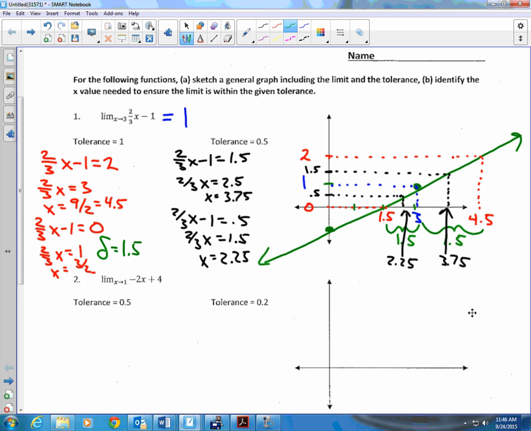So the bigger question is, what is our delta value then? What is the difference between the x value we're approaching and the two numbers we came up with? 3 to 3.75 and 3 to 2.25. 3/4 or 0.75. Very good. So 0.75 or 3/4 is the delta value that would ensure that.